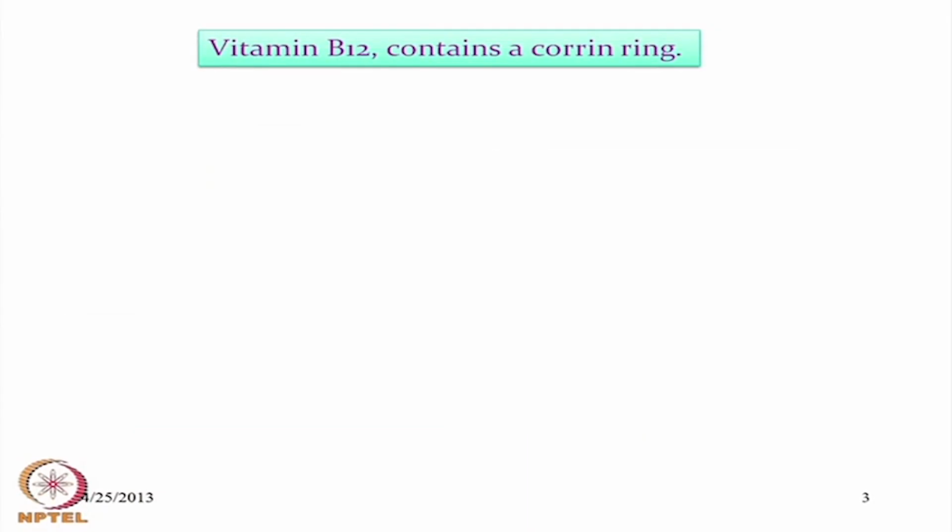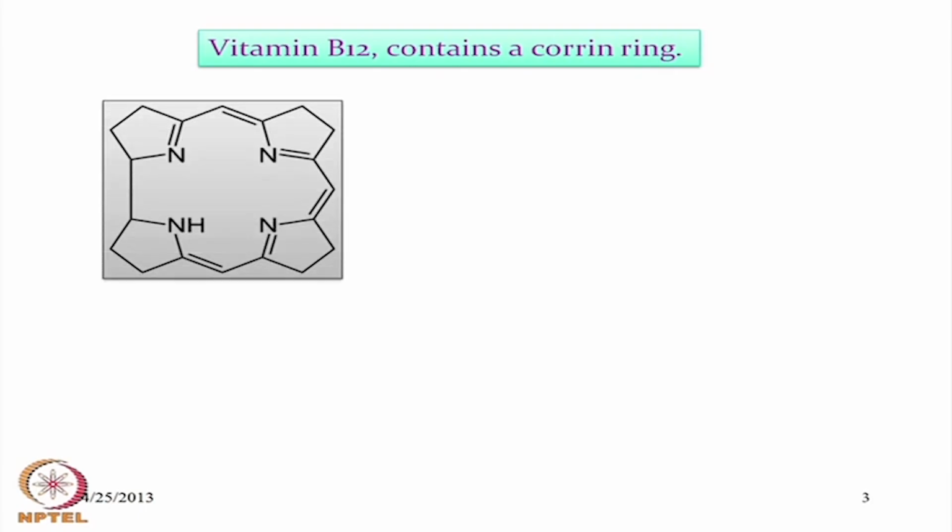So, we will see some other type, that means the third category of these molecules, which belongs to vitamin B12, and vitamin B12 contains a corrin ring. So, we can have porphyrin, we can have the chlorin ring, and we can now have the corrin ring.